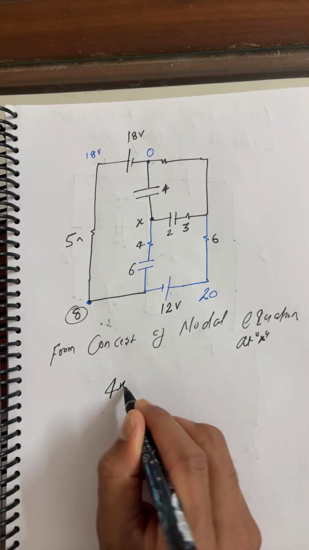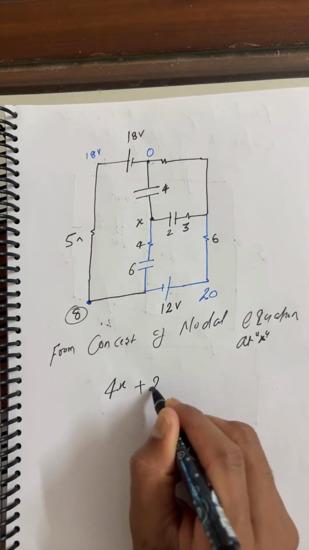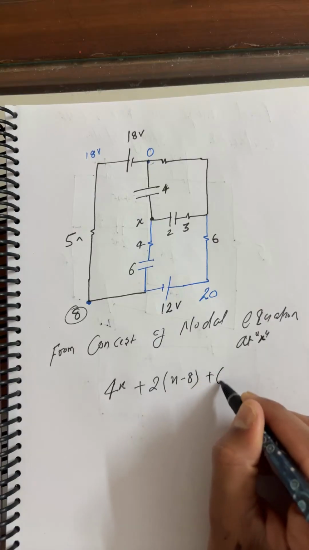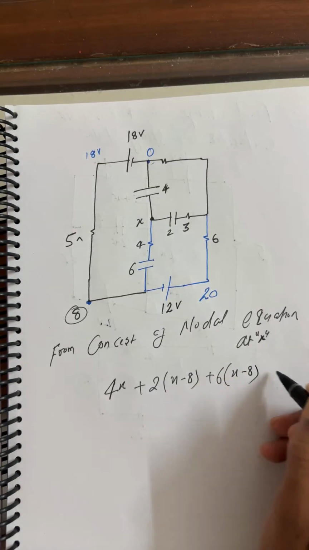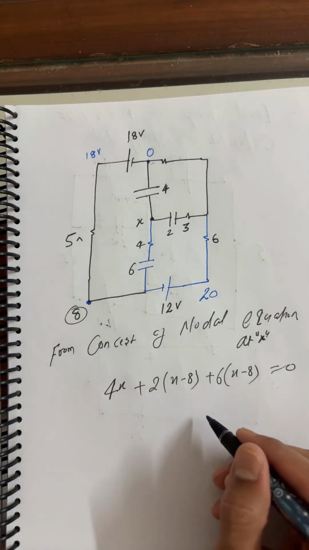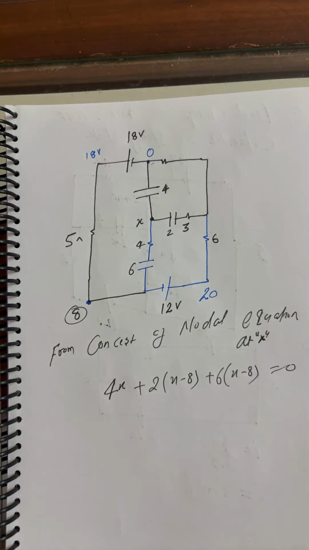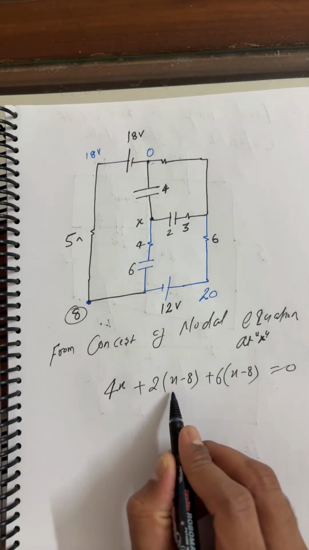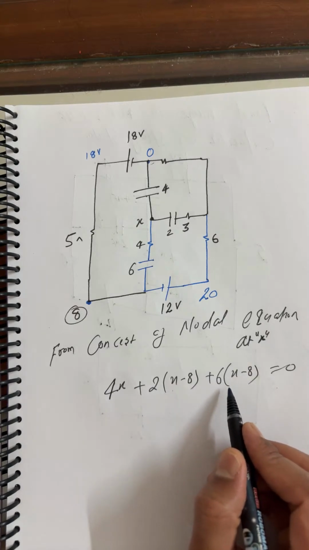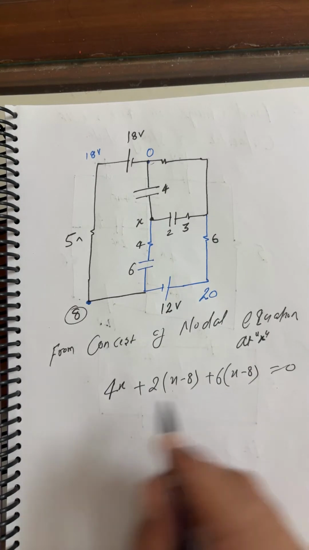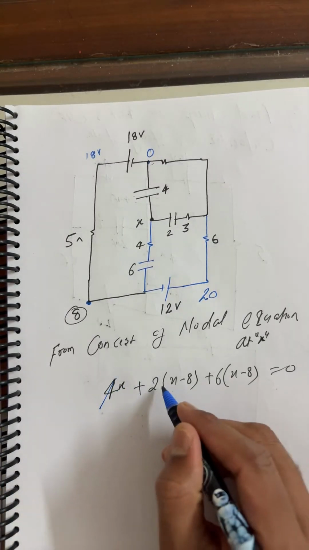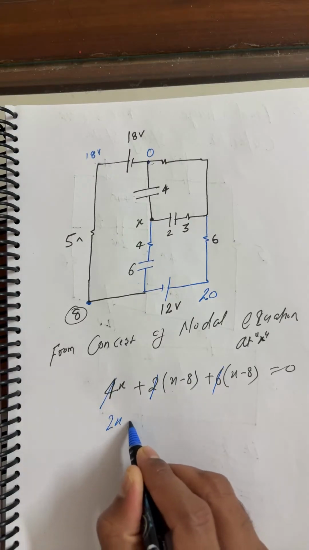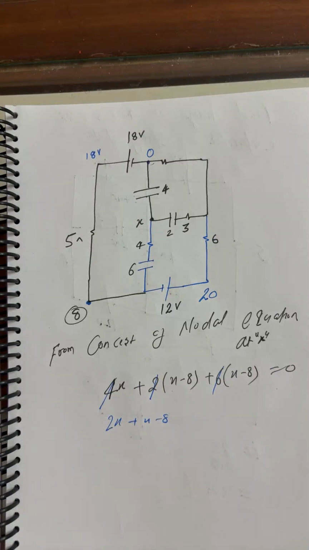This is what? 4x plus 2 into x minus 8 plus 6 into x minus 8, which is equal to 0. So what you can write: 4x and this is 2x, 6x and 6x. The 2s cancel each other. 2 2s are 4, 2 2s are 1, and 2 3s are 6 here. So we can say it's 2x plus x minus 8.